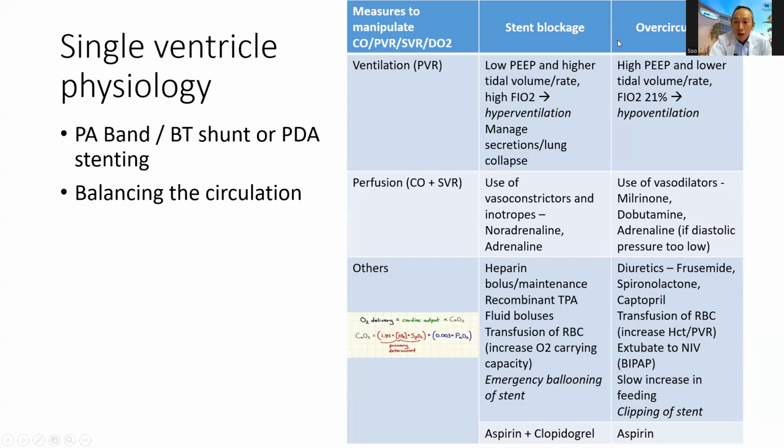Most of the trouble with all these shunts or stents is that they are either underflowing, in the sense that they may be on the verge of blockage, or they are over circulating, over shunting. So let's look at the blocked shunt part. When you look at a blocked shunt, what are you trying to do with the lungs? You are trying to promote more blood flow to the lungs. So your ventilator strategies will need to be one that does not have too much pressure.